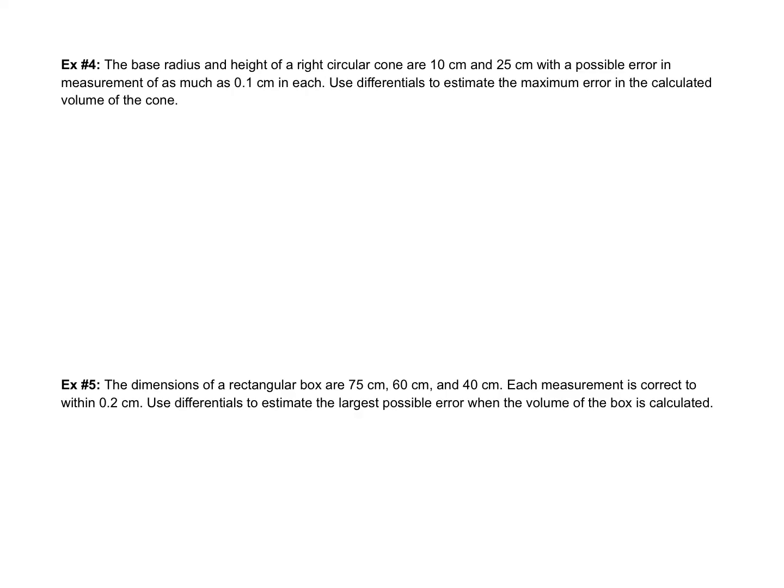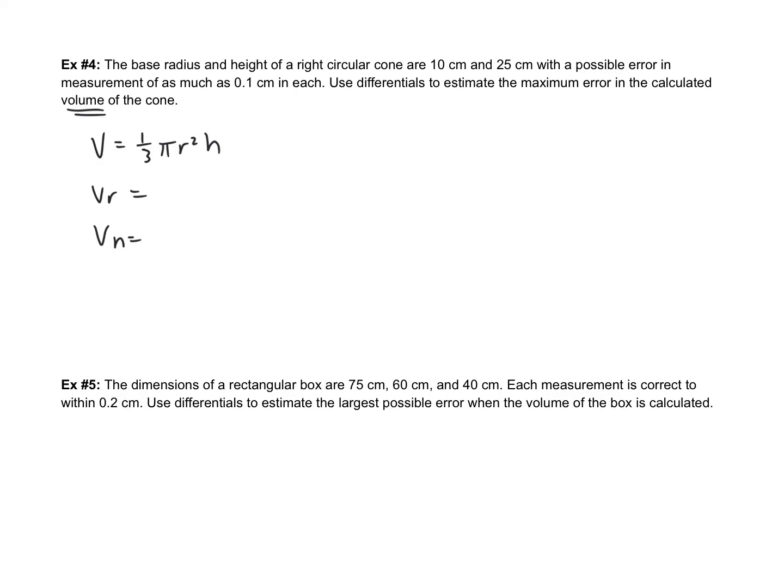So of course, we're going to need to start with a function. We're told that we are looking at volume of a cone, so hopefully you remember the formula for volume of a cone. It's 1/3 pi r squared h. So we're going to need the partial with respect to r, and then the partial with respect to h.